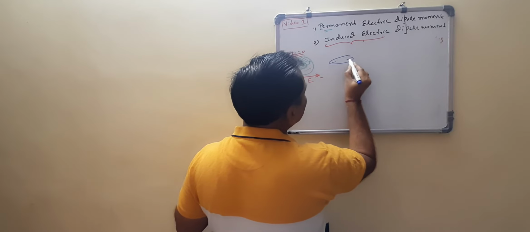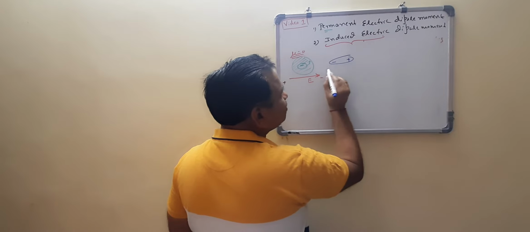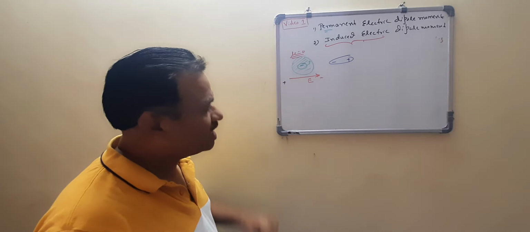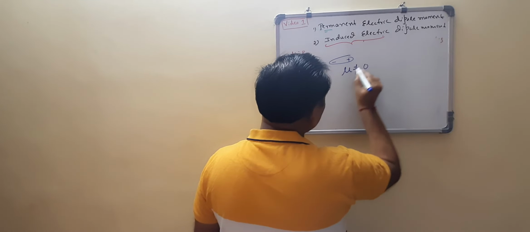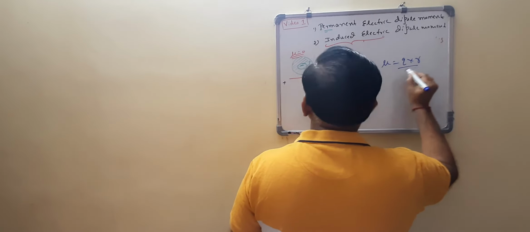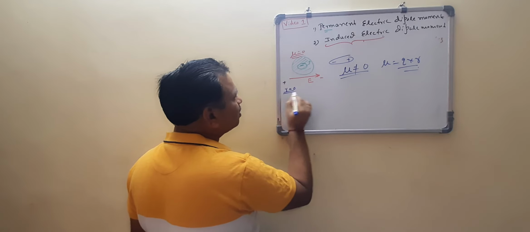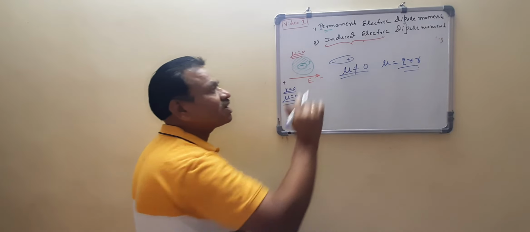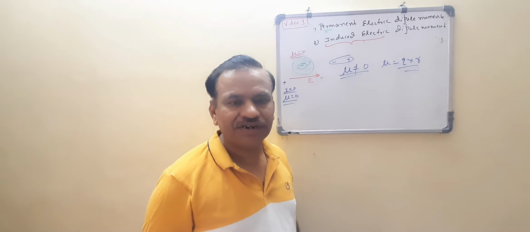You see, these positive and negative charges are now separated by a definite distance, so the dipole moment is not equal to 0, because mu equals Q into R. Earlier mu equaled 0 because distance equaled 0. This is called an induced electric dipole moment.